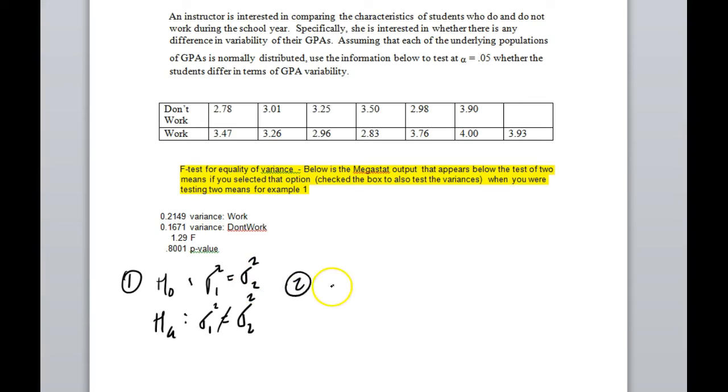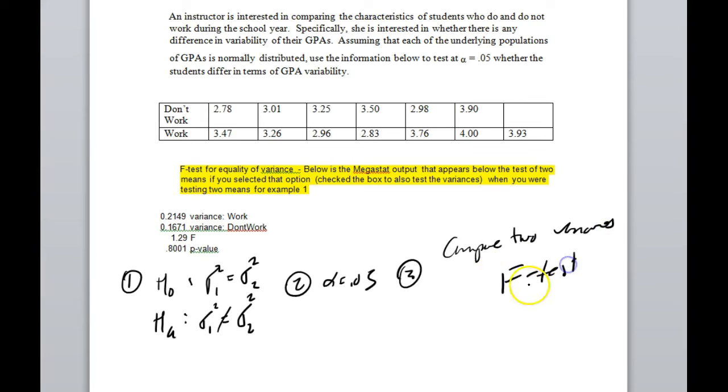What's our significance level? 0.05. What test are we going to be using? The compare two variances test, which is the F test, which is denoted as F with degrees of freedom 1, degrees of freedom 2 equal to S1 squared over S2 squared.